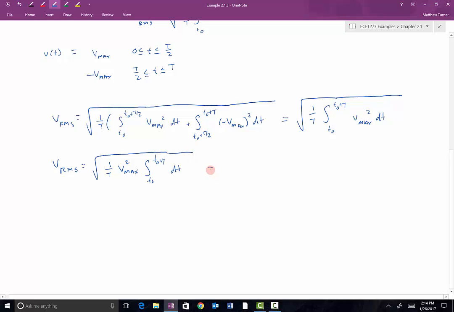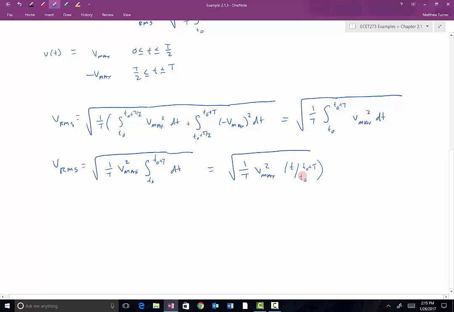That's just going to result in the square root of 1 over T V max squared times t evaluated from t0 to t0 plus T. The integral of dt is just t, and since I have limits, I need to take a definite integral.